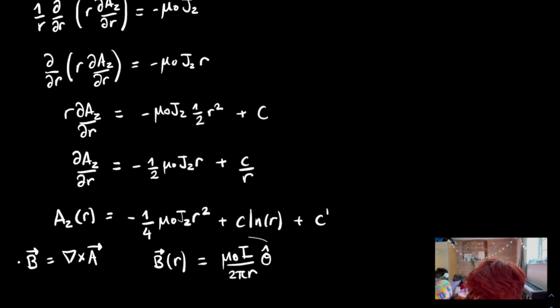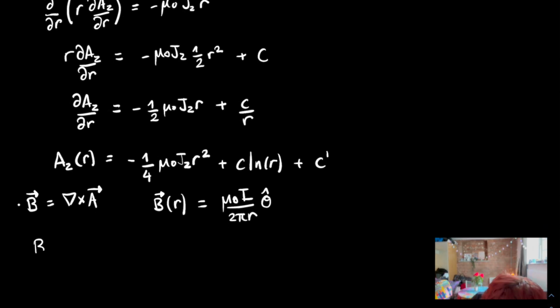Well, it's important to remember that this formula applies for any radial coordinate that is outside of the wire. But when we do the exact calculation and apply Ampere's law inside the wire, we actually find that the magnetic field strength is proportional to r right here.